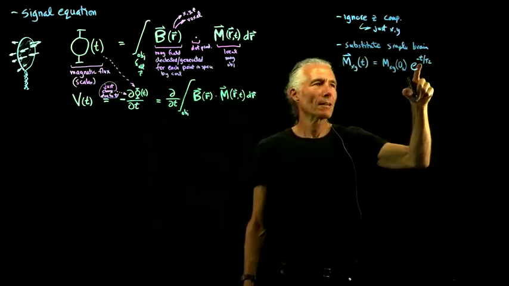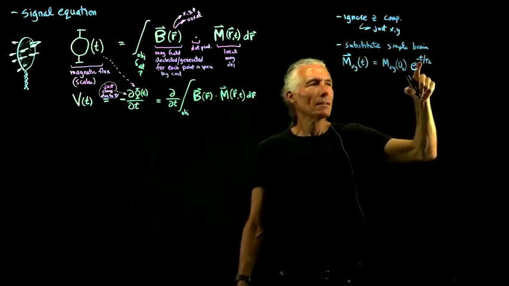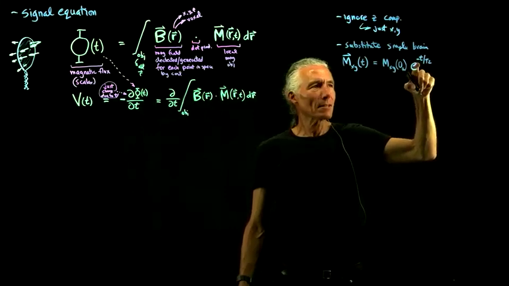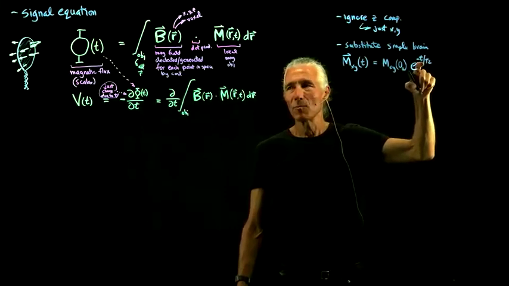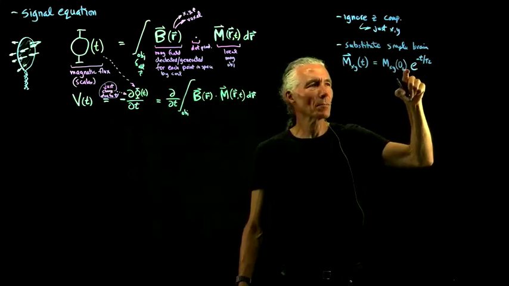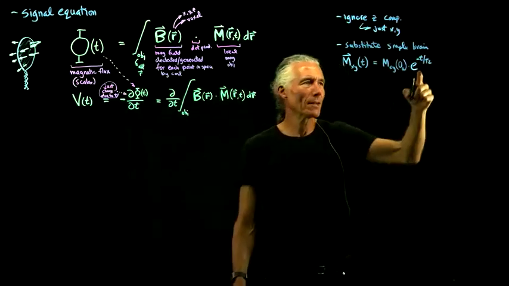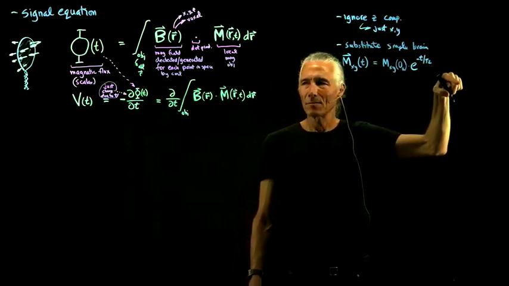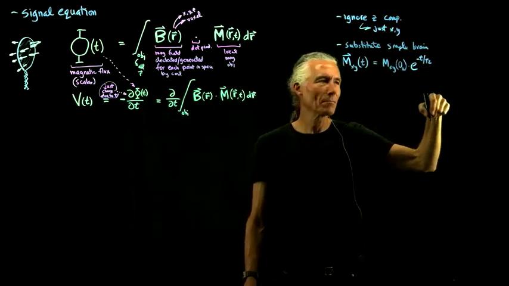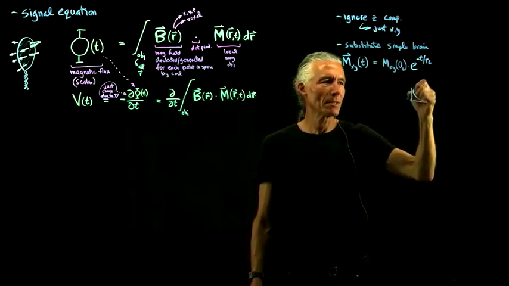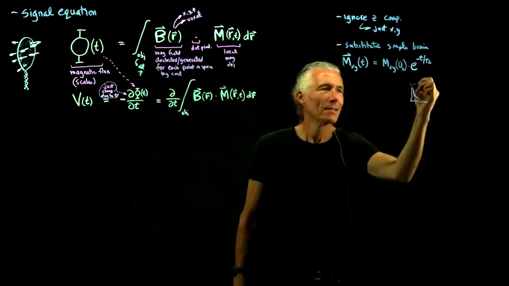And remember, at time t equals 0, this e to the minus 0 is 1. And so if you're multiplying by 1, that's just a regular multiplication, then you're not doing anything. And then as time goes on, it starts rolling off, going down. When you see that, you think that in your head, starting at 1.